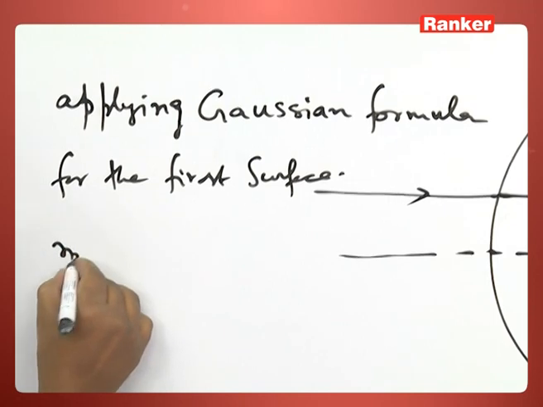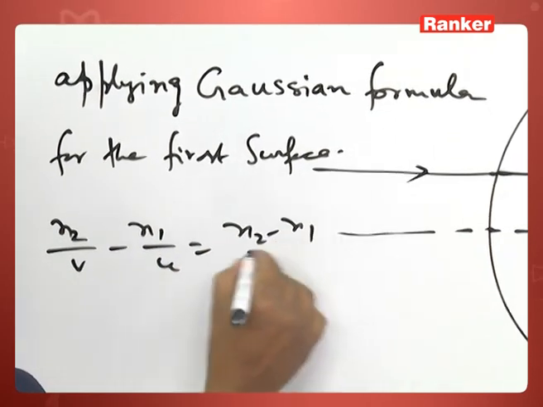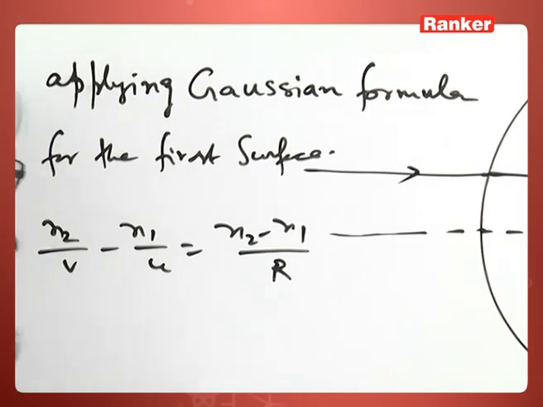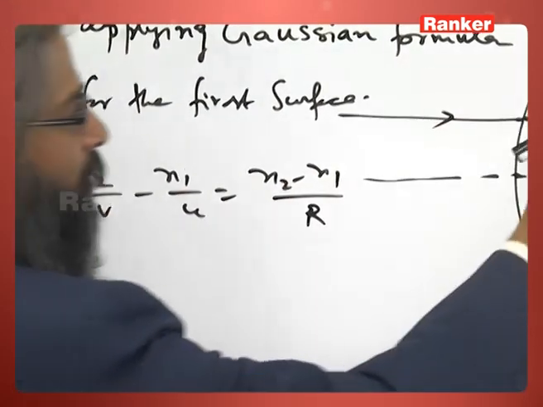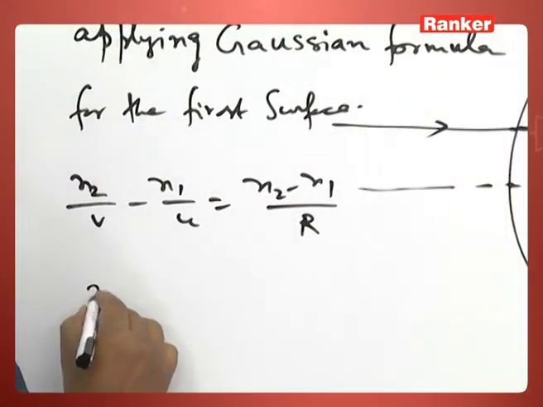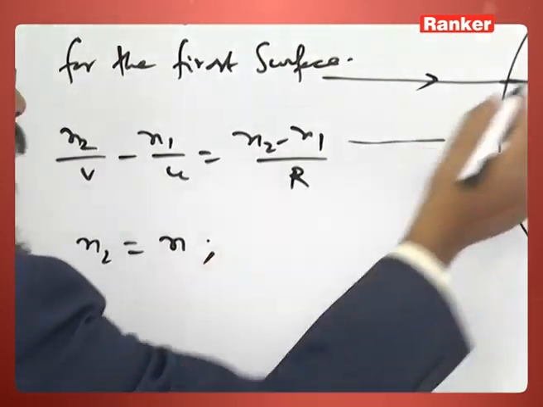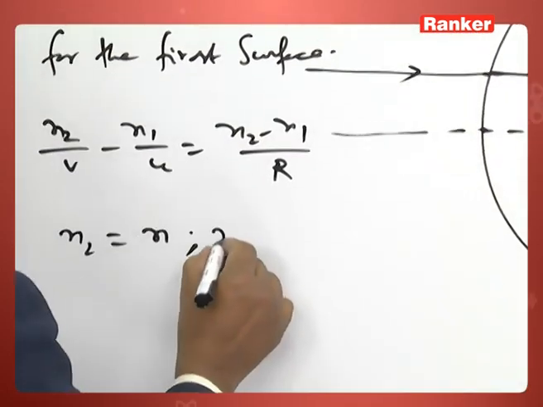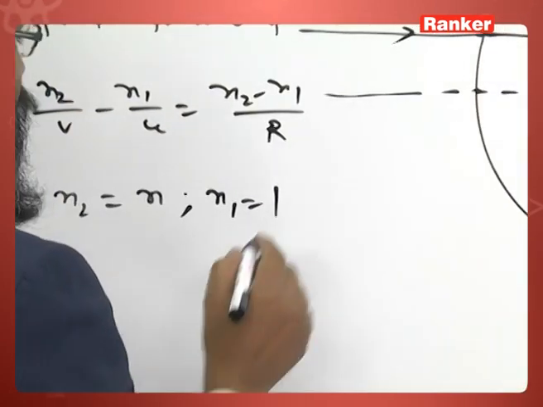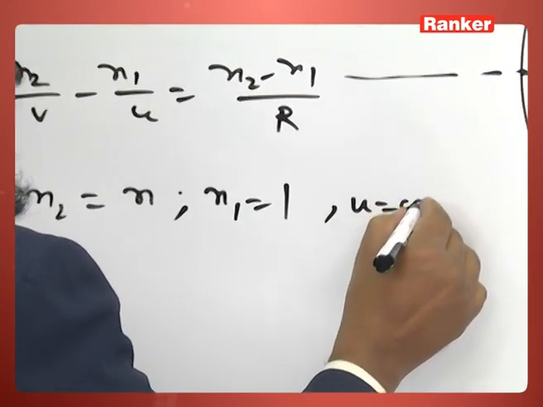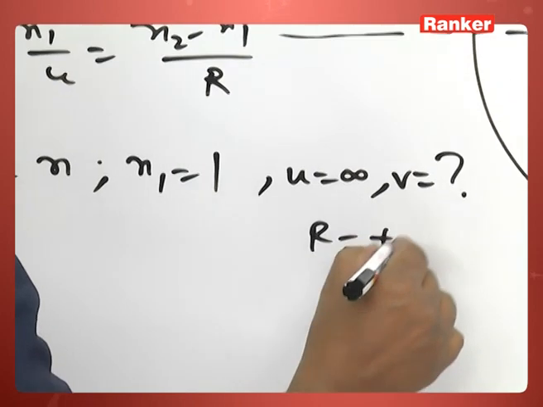We have n2/v − n1/u = (n2 − n1)/R. Here n2 is this medium, which is n, and n1 is equal to 1, air on this side and also air on the other side. We have u equal to infinity, v we have to calculate, and R is equal to plus R.